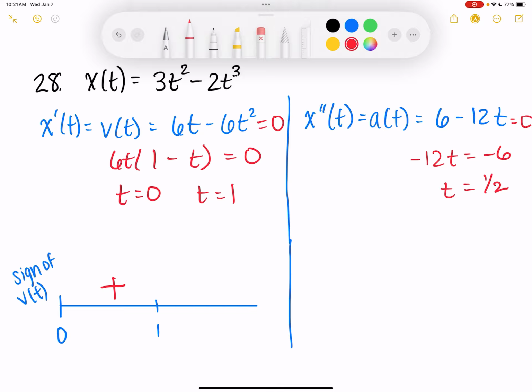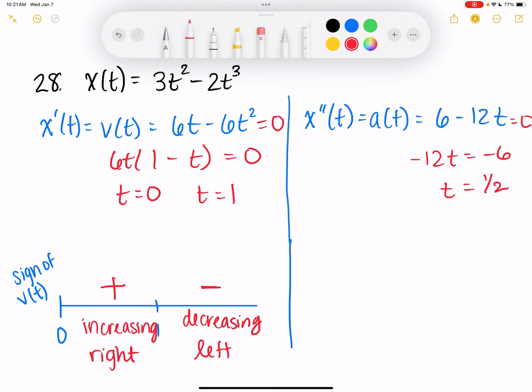And then if I put in, say, 2 for this other interval, I would end up with 12 minus 24. So that's going to be negative. So when it's positive, it's increasing and it's moving to the right. When it's negative, it's decreasing and going left. So that's telling us which direction it's moving.